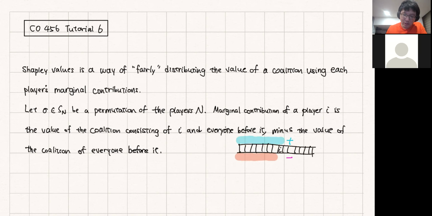Okay. All right. And the Shapley value, oh, it's the wrong color. All right. So the Shapley value is basically you sum over all the permutations of the marginal contribution and average it out. Right?